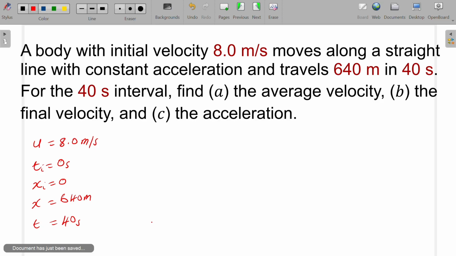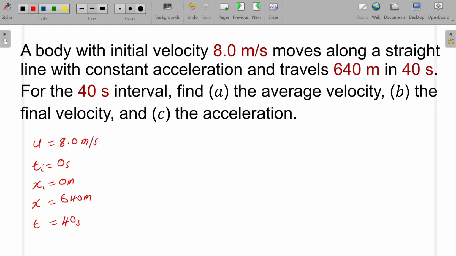When time is equal to 0 seconds, and position is also equal to 0 meters, we had an initial velocity, meaning the starting velocity, of 8.0 meters per second. And then after we moved from 0 meters to 640 meters, covering that change in position, our time used is 40 seconds.